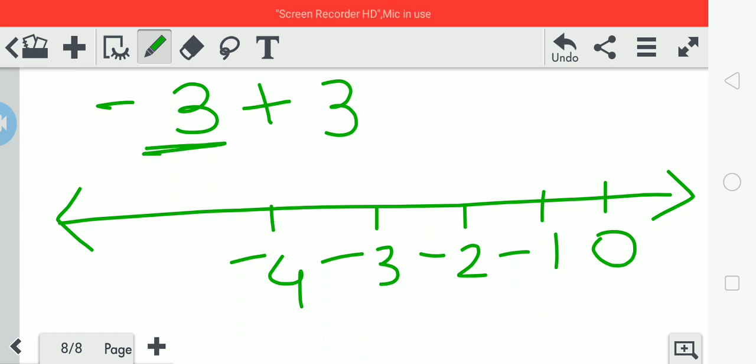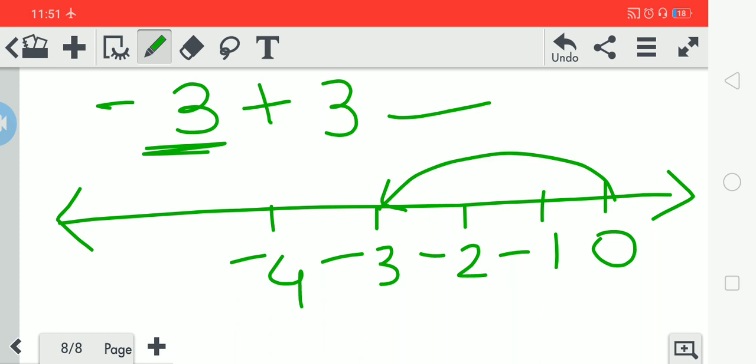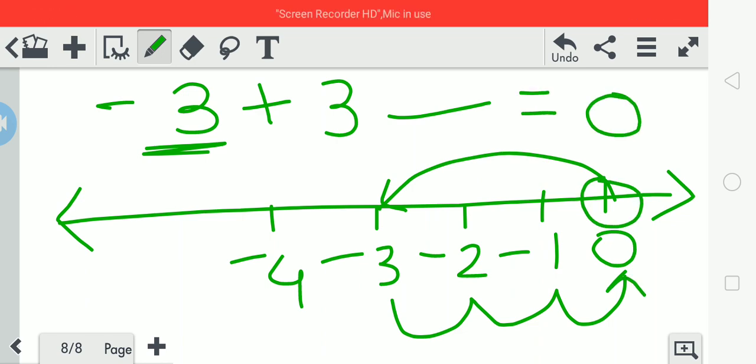Now take a direct move from 0 to minus 3. Now plus is there, so take a move to the right side 3 times. 1, 2, 3. You will reach 0. So the answer of this question will be 0. Minus 3 and plus 3 are opposite numbers, that's why the answer is 0.